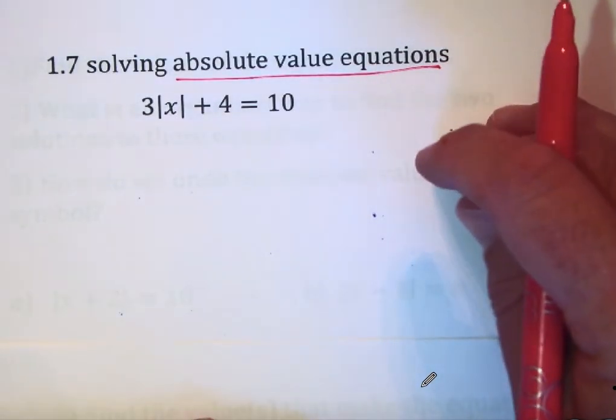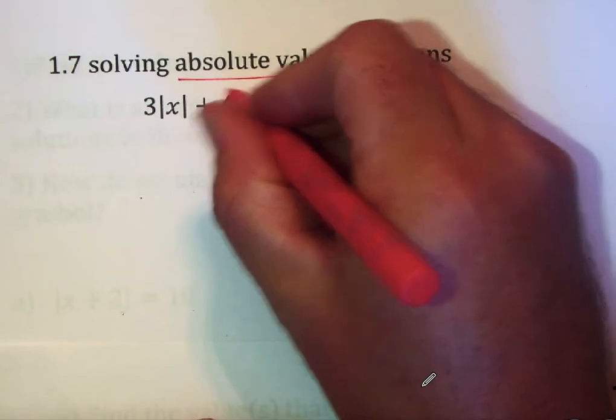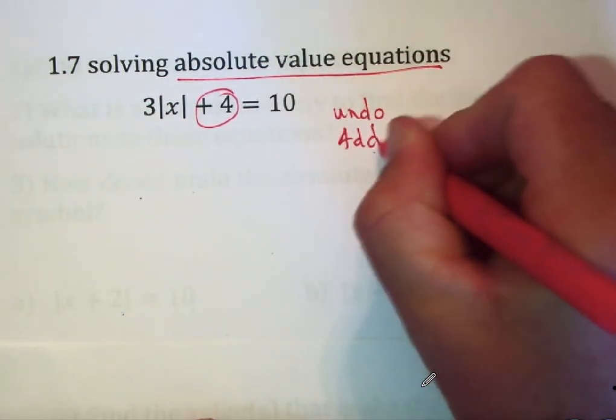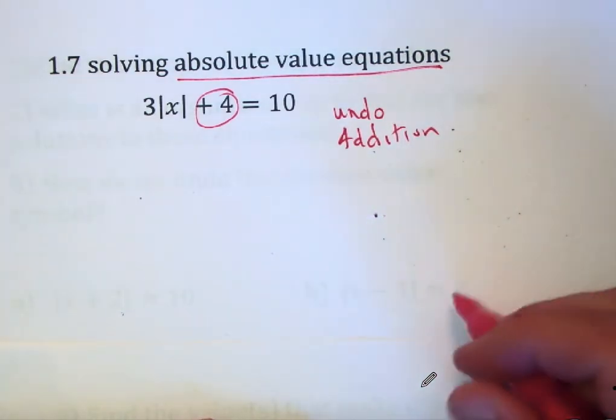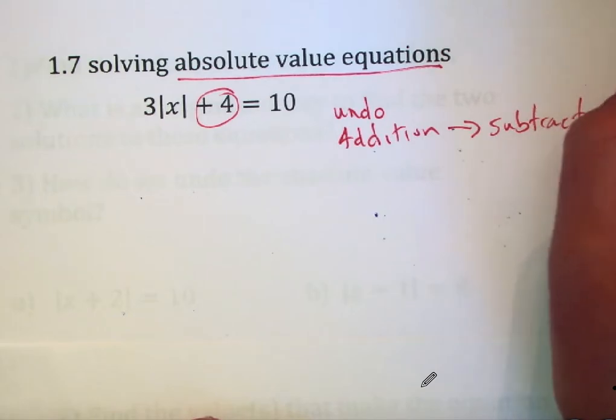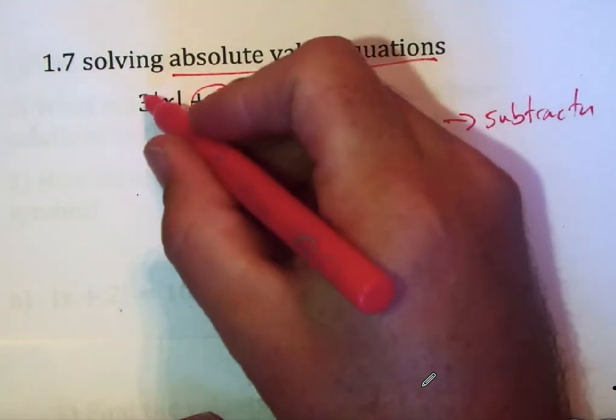Do we know how to undo addition? What undoes addition? Well, that would be subtraction. How do you undo this times 3?